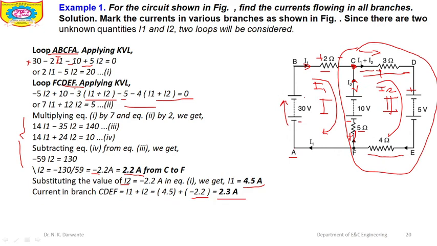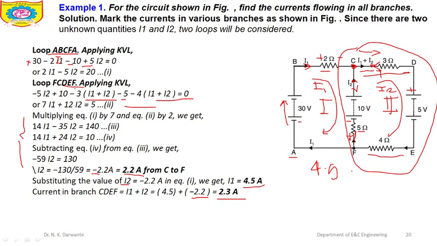The actual current in this loop is equal to 4.5 ampere. The incoming current here is equal to 2.2 ampere, and current is also supplied by this.